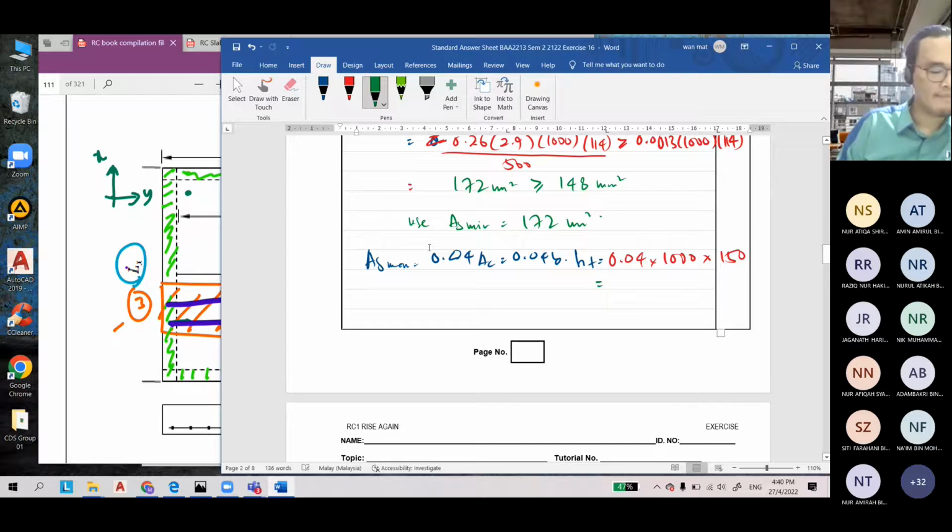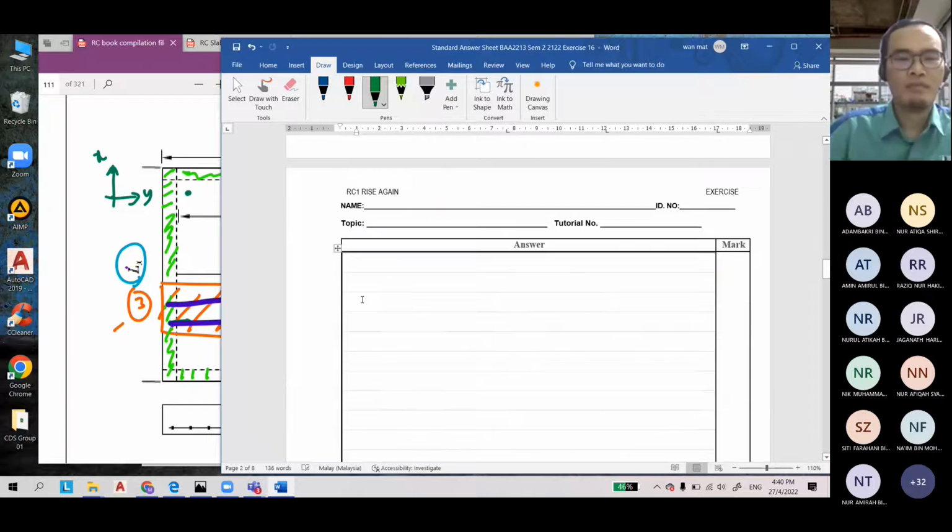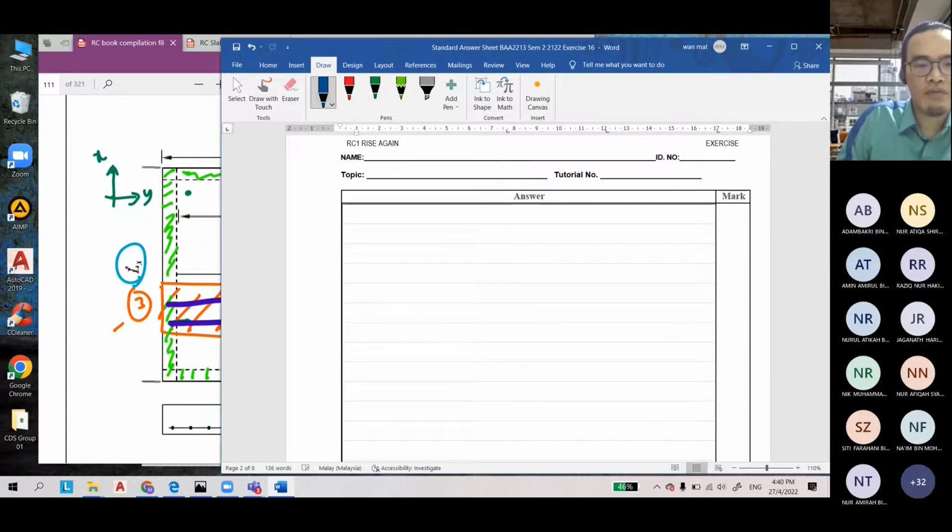Answer is 6,000. Okay, good. 6,000 mm square. And then number 3 is we design for the short span, at mid span.